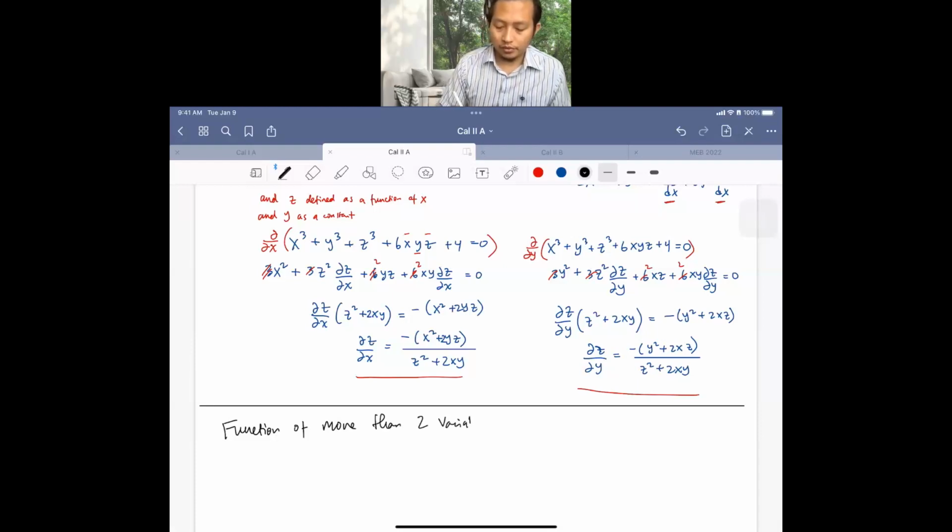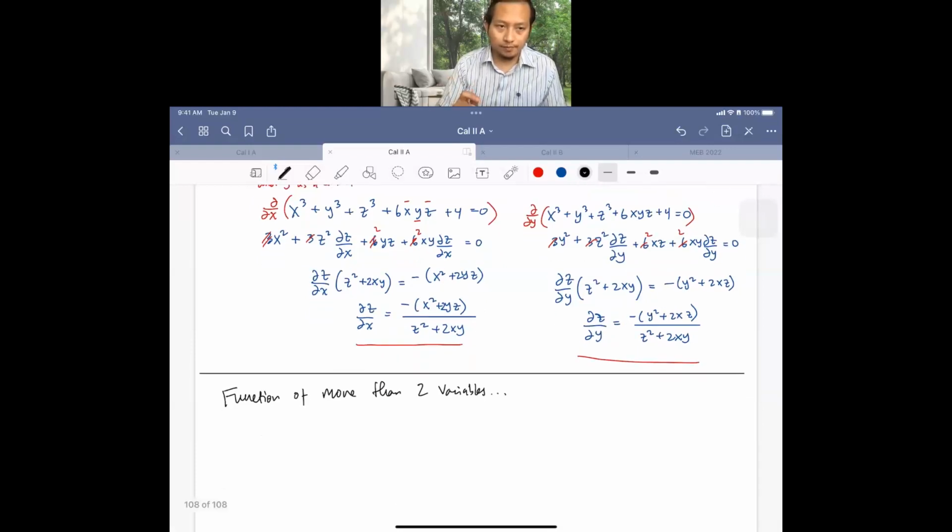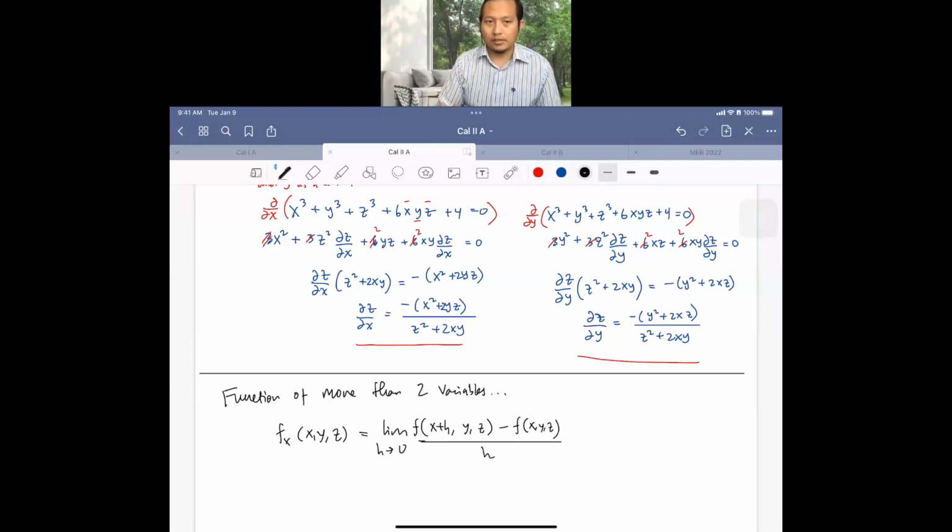So it can be 3, 4, and more. If we have partial x with 3 variables x, y, z, we can develop our limit definitions as we mentioned before. This will be x plus h, and the others will be constant. And similarly with the others, you can also approach partial y, partial z.